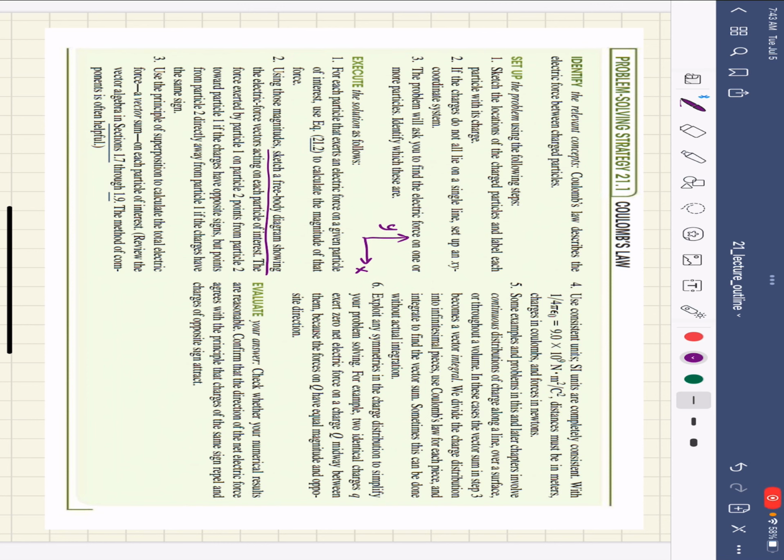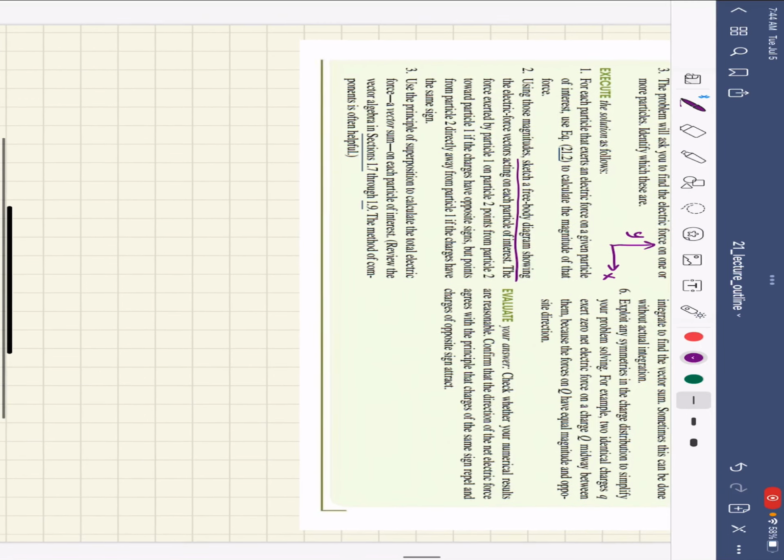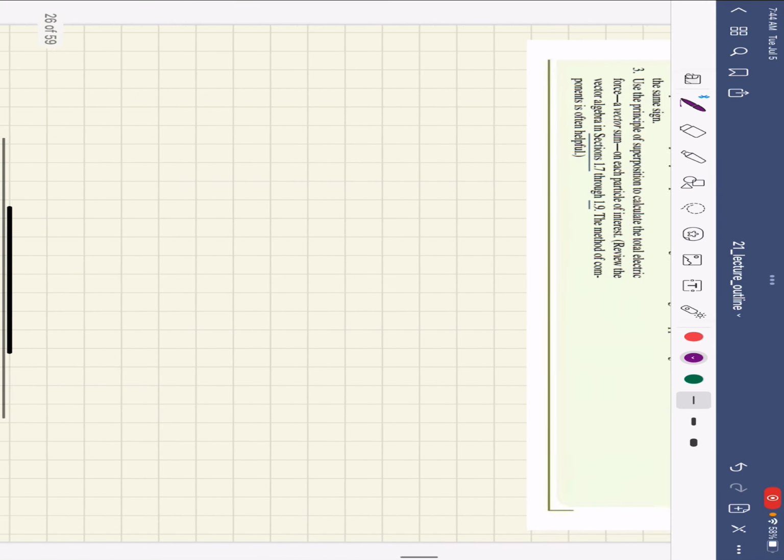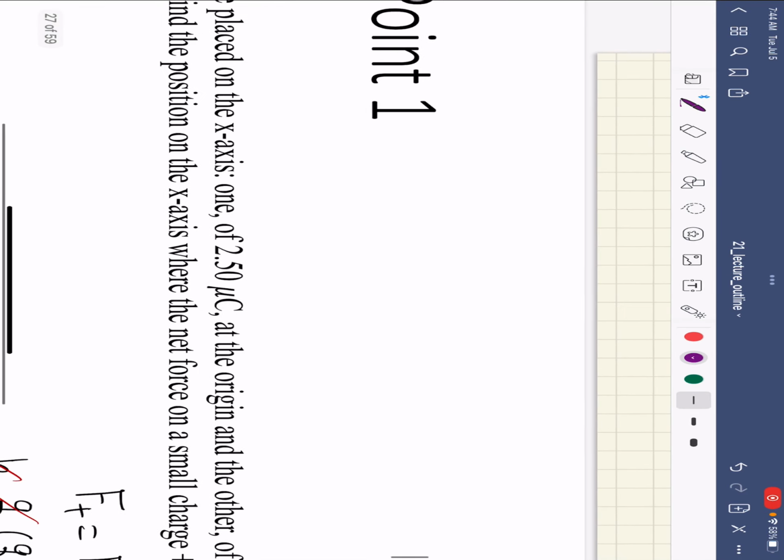This will not affect your results significantly. If I have a continuous distribution of charges, then the summation becomes an integral, and we will talk about these cases in a little bit. This is the problem solving strategy that we are going to use.